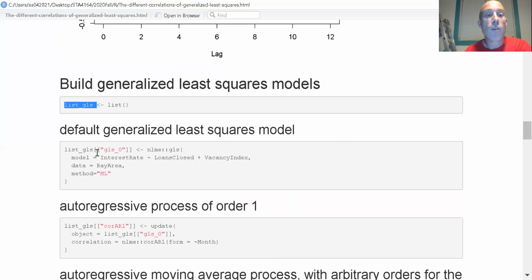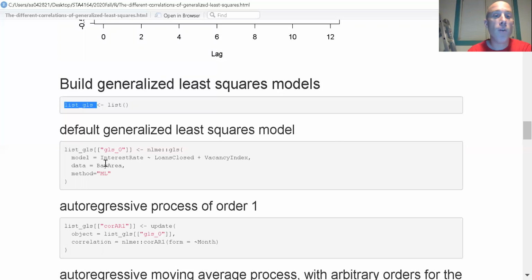First thing I need to do is get a baseline model. The nlme package works very efficiently if I have a baseline model, and then I go in and update the correlation of that model to make a new model. Or I can go ahead and change the weights. That's another way to address problems.